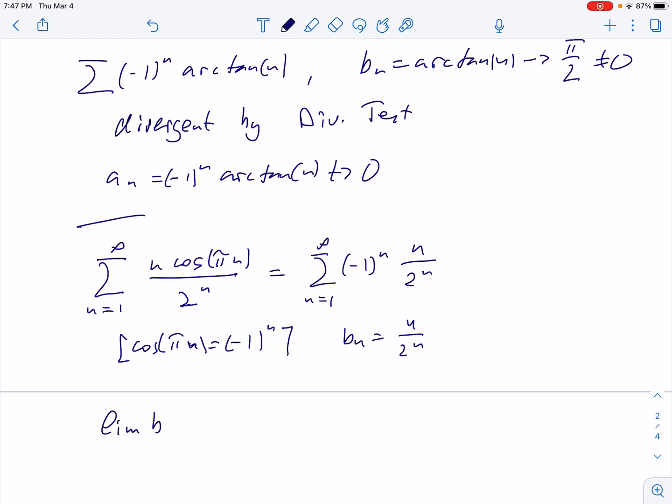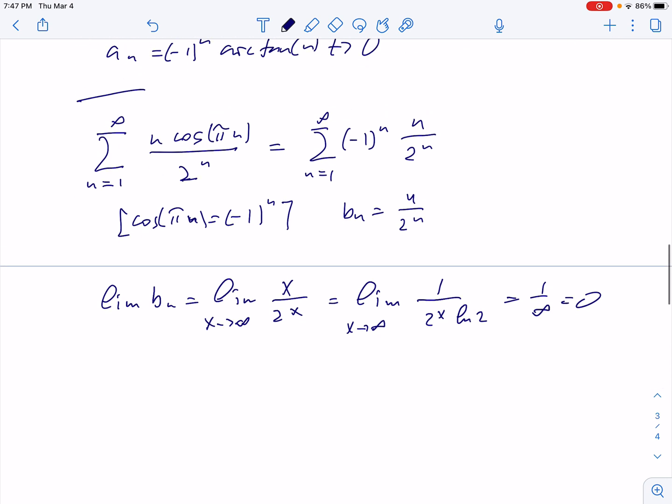The limit of b sub n extends to the function x over 2 power x when x goes to infinity. We can use L'Hopital, take the ratio of derivatives. This will be limit of 1, the derivative of x, over the derivative of 2 power x, which is 2 power x times natural log of 2. As x grows to infinity, natural log of 2 is a constant, 2 power x grows to infinity, and 1 over infinity is 0.